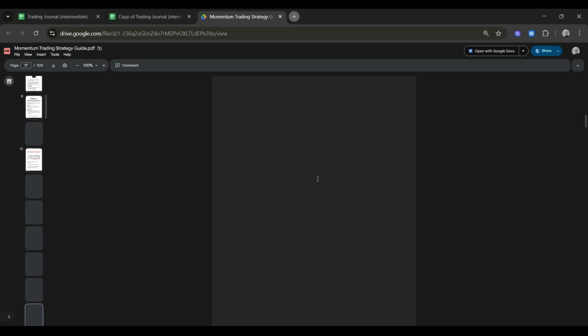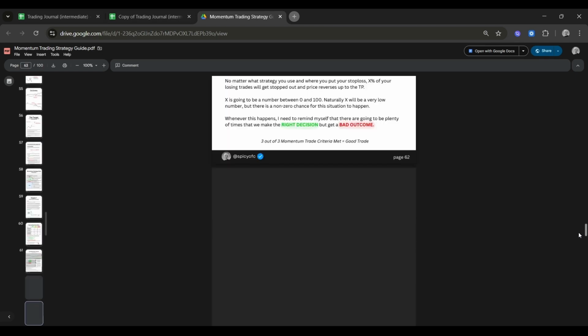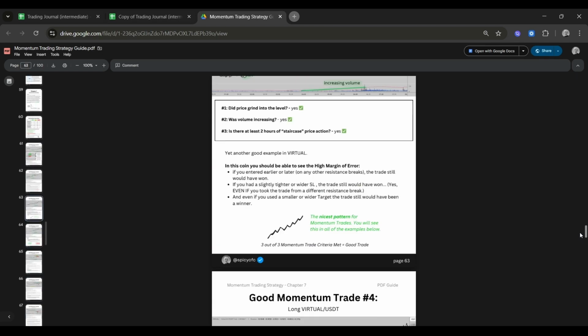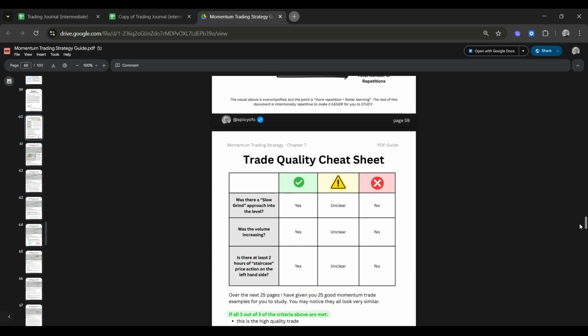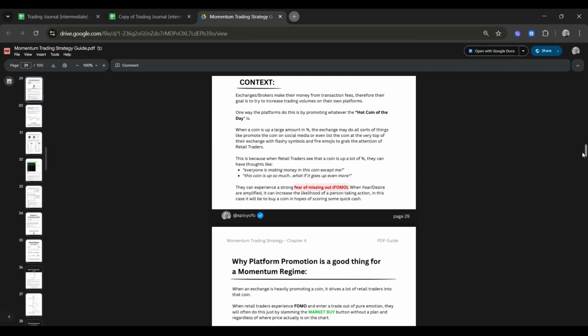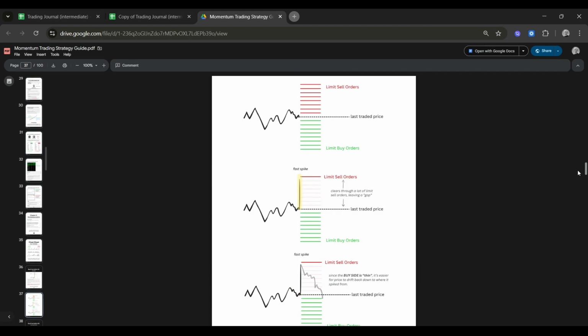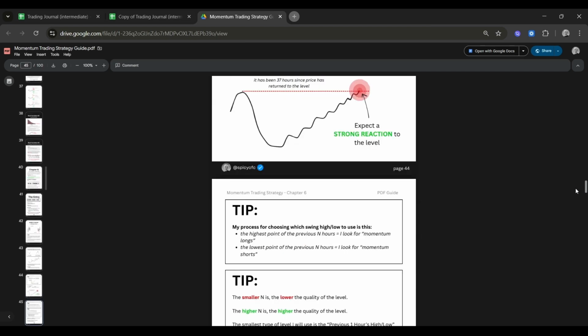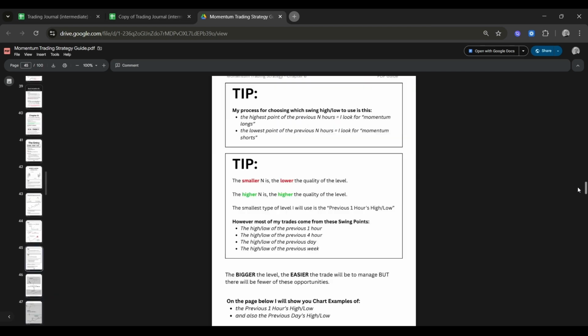So let me scroll to the very bottom. Okay, here we go. So at the bottom section of both of these guides, we have a little cheat sheet here which explains the 3 variables, and also earlier up in the guide it explains the logic for why these 3 variables are important. So I won't go into them in this video because you can just read them in the PDF.